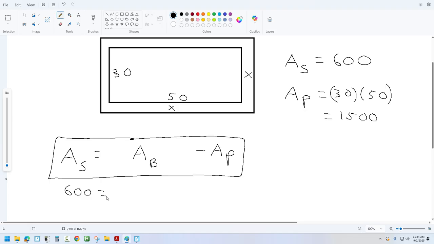But we know it's a rectangle. And what's the formula for area of a rectangle? Length times width. So leave some space. We're going to have to find the length, and then we're going to have to find the width. Now, sometimes at this step we have to figure out the area of the pool, but we already did. It's 1,500.